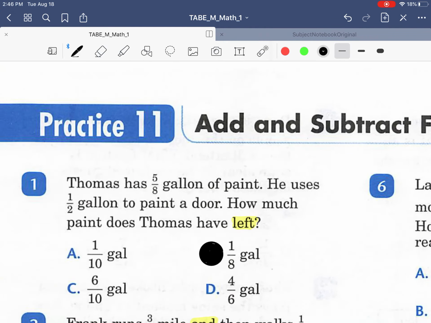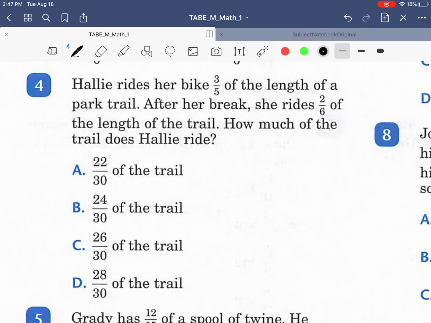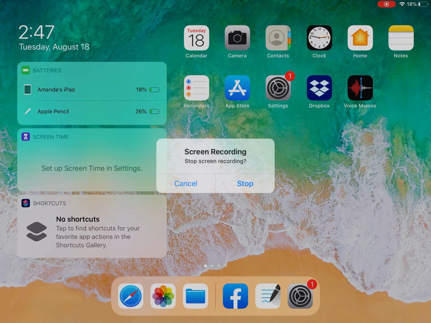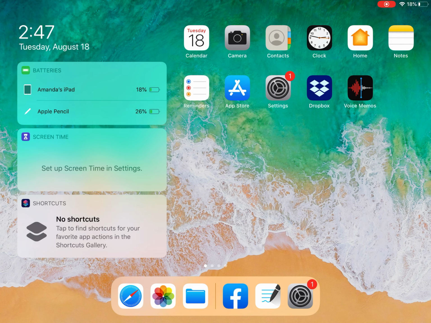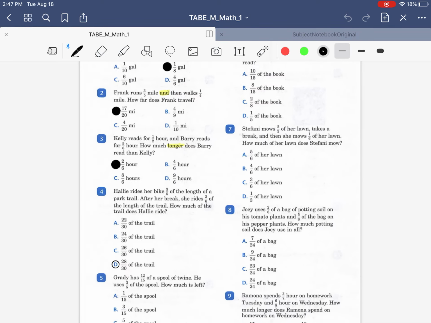I'm betting on the black one, but let's see. Number 4. Yes, it is D, 28 30ths. They did not simplify them.